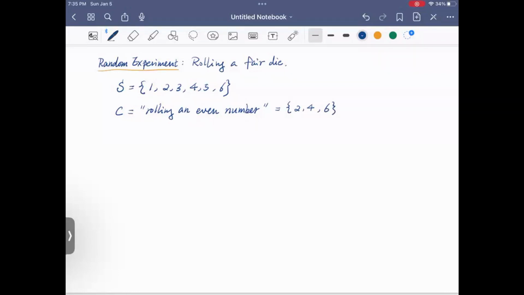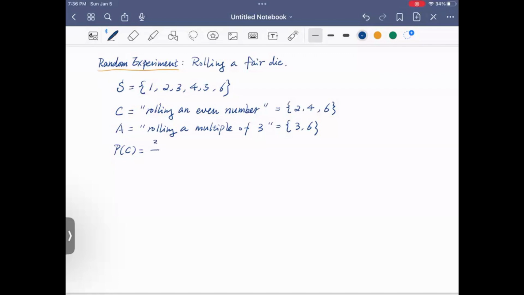Now let's consider another event A. The event A is rolling a multiple of 3. Then A should contain 3 and 6. Now let's first calculate the marginal probability of C and A. The probability of C is equal to the number of elements in C divided by the number of elements in the sample space.